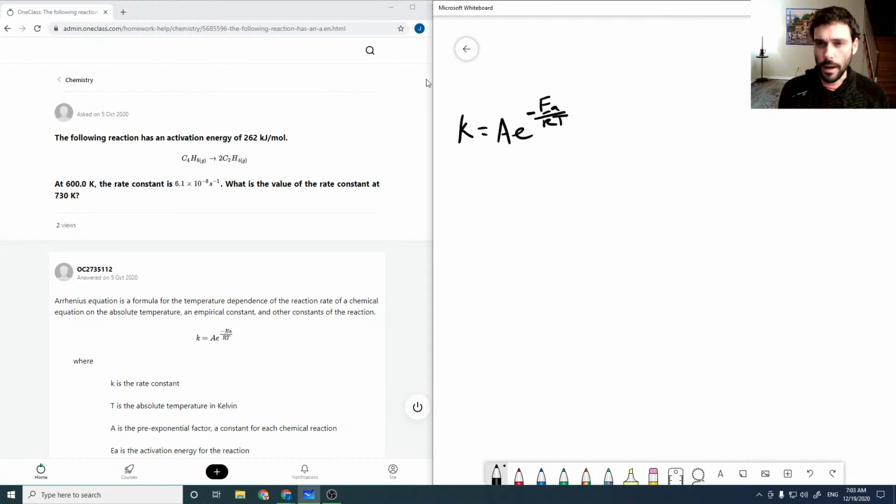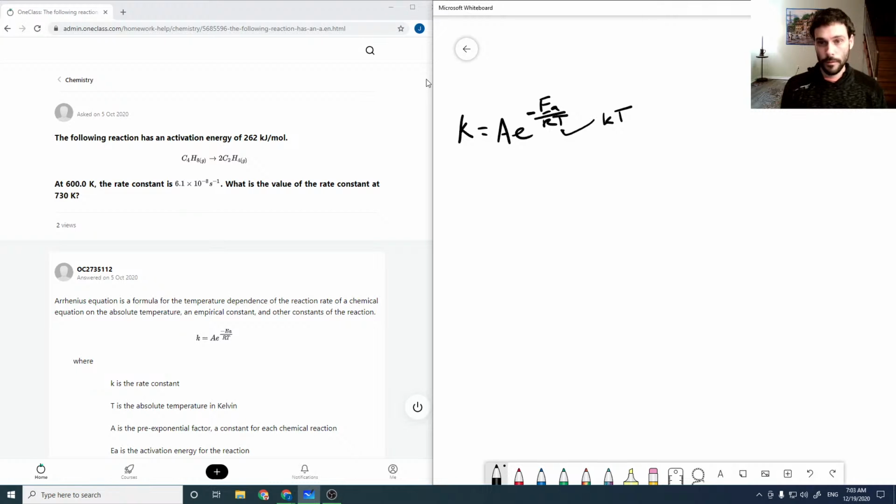And just for completeness, although R is fine to use here, this sometimes is written as kT. But k and R, k being Boltzmann's constant, are the same constant, just different units.